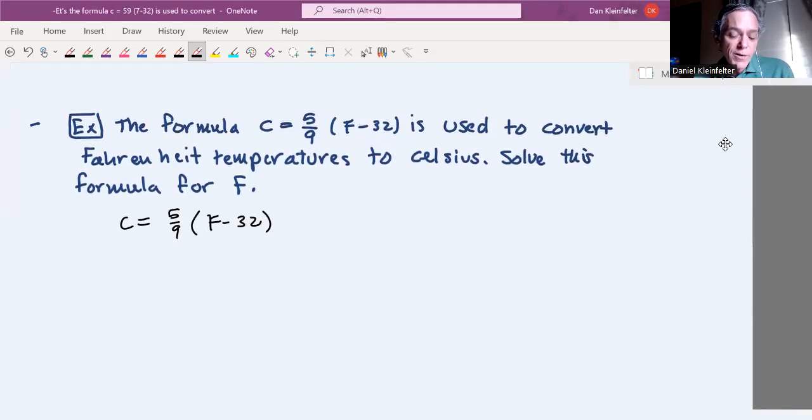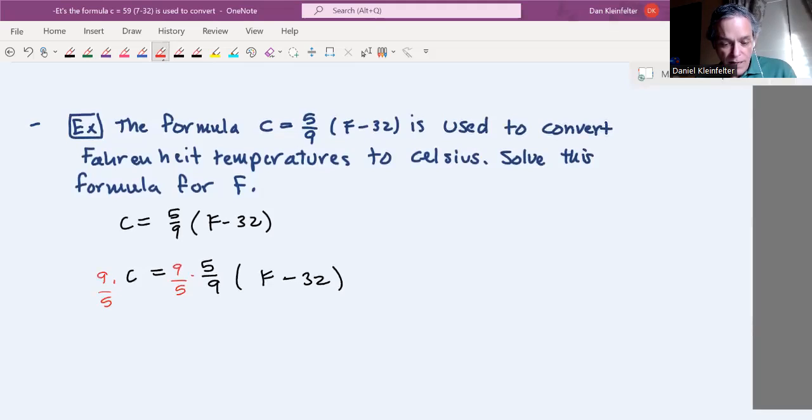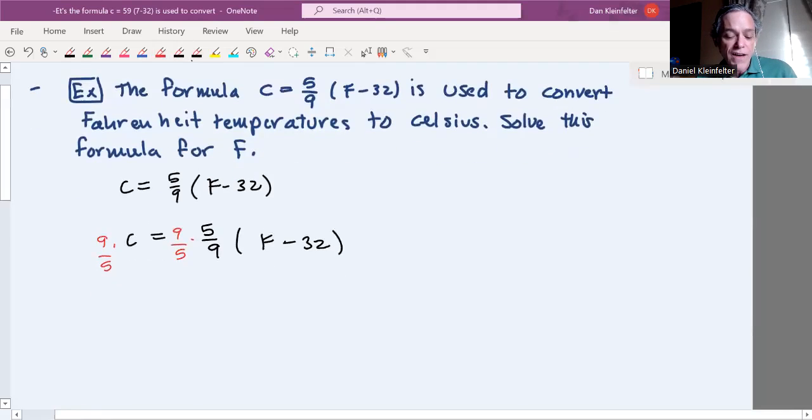All right, so this time we would like F all by itself. Typically we distribute to remove parentheses, but I think it will be a little neater on this one if we deal with that 5/9 first. So I'm going to multiply both sides by the reciprocal of 5/9, which is 9/5. The thinking there is that 5/9 and 9/5 are reciprocals of each other, and so that will just equal 1.